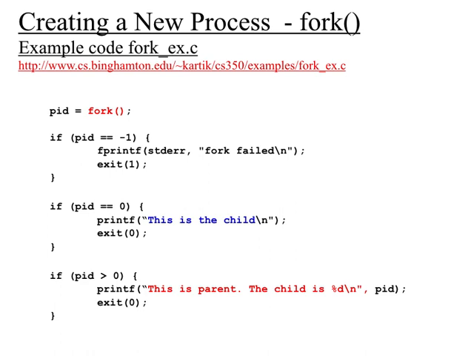Now, fork is a very interesting system call. Remember that normally you would invoke a function call or any other system call once, and then the function call would return once, back to the caller. Fork is special in the sense that fork is invoked once, but it will return twice. Why? Because remember that fork's job is to create a new process.